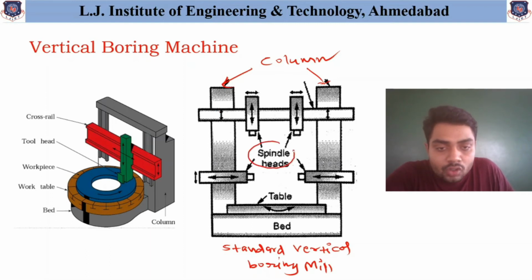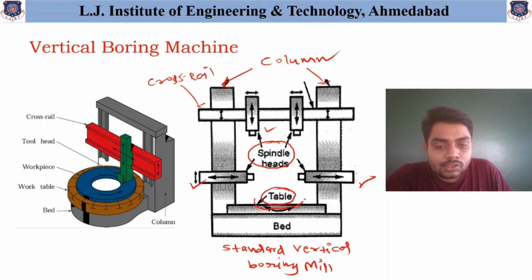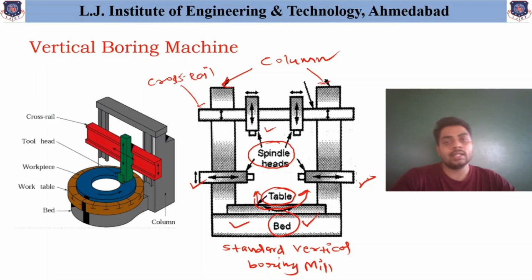Similarly, four different spindle heads are provided. Two spindle heads are provided on the columns and two spindle heads are provided on the cross rail shown over here. This is the cross rail, and below it a table is provided which rotates about its axis, and at the bottom a bed is provided which supports all the elements available.